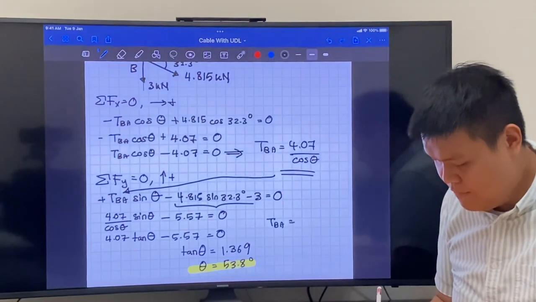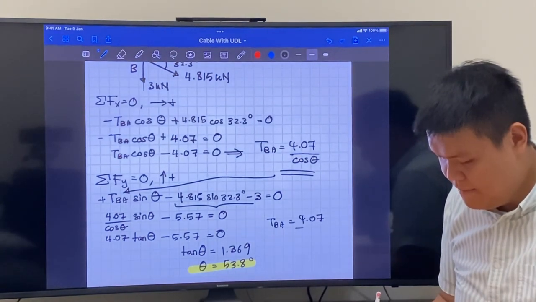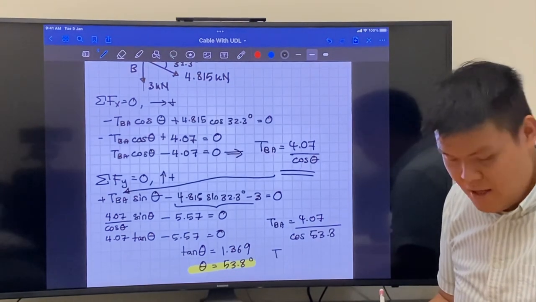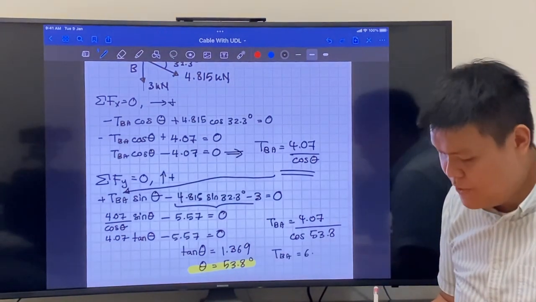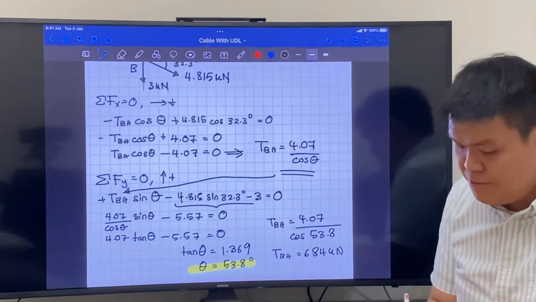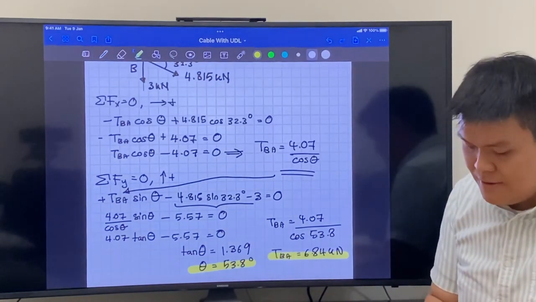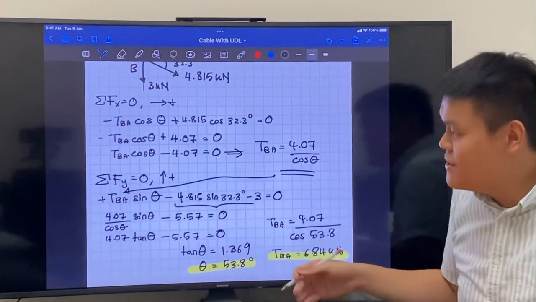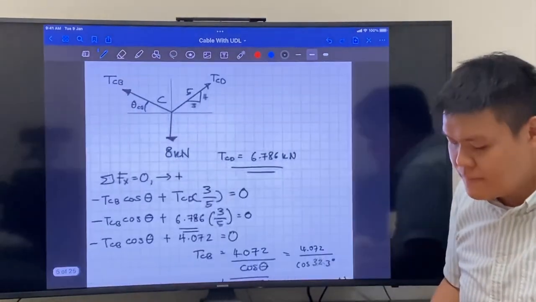TBA equals 4.07 divided by the cosine of 53.8. You will get 6.84 kilonewtons. So congratulations, we found the 3 tension values that we want.